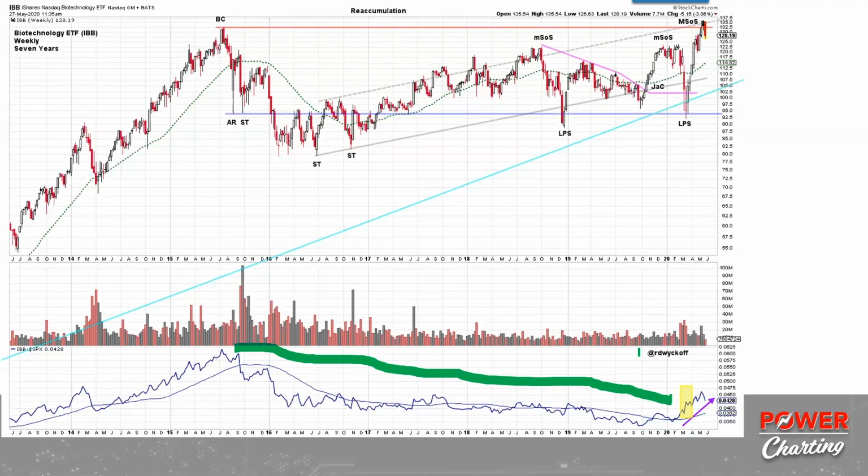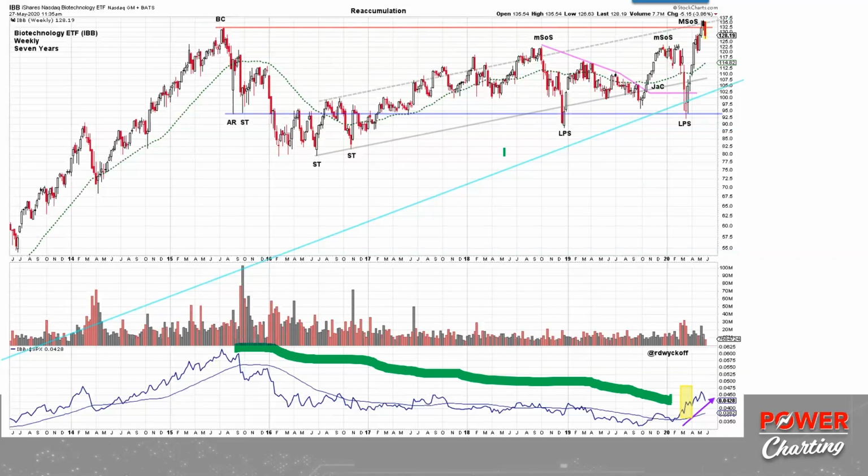So we have this 5-year reaccumulation trading range, which we talked about. We have a creek, we have a jump. We now have a rally up to the top of the resistance area, which we're calling a major sign of strength, which is a rally up to the top of this little internal trend channel. Major sign of strength has taken out the buying climax peak.